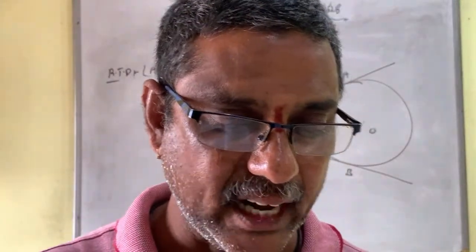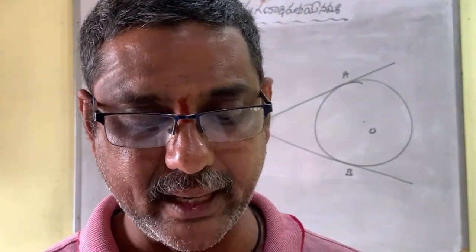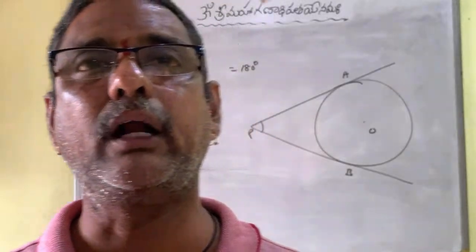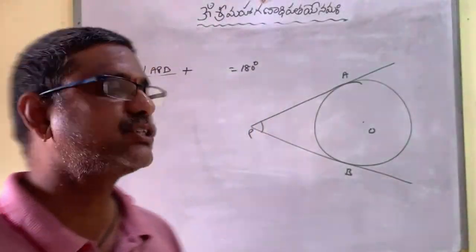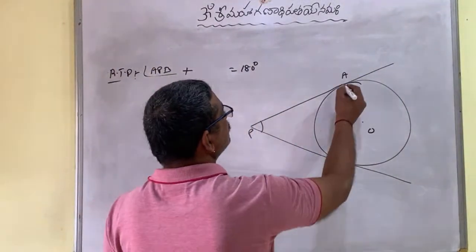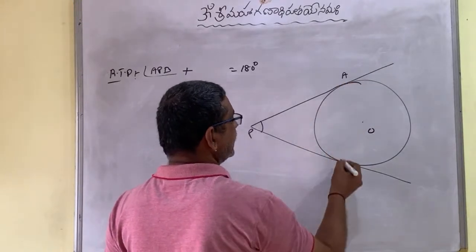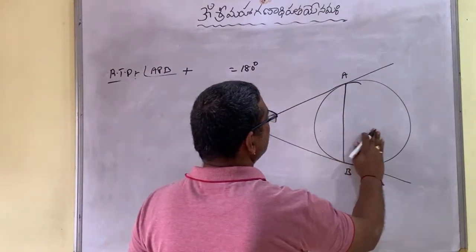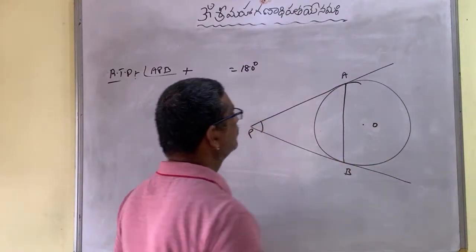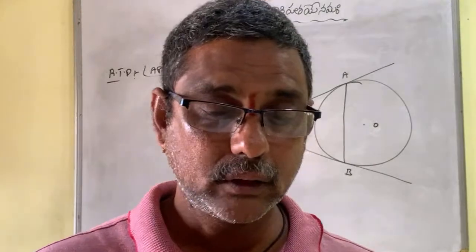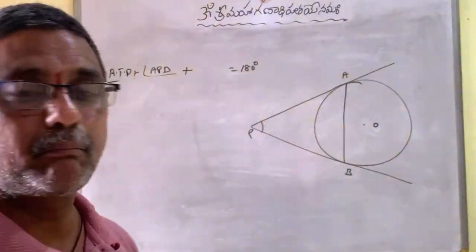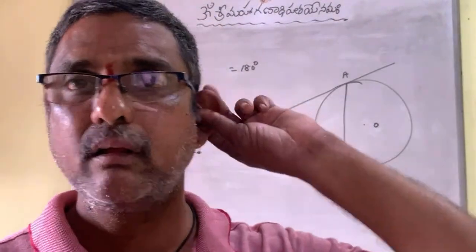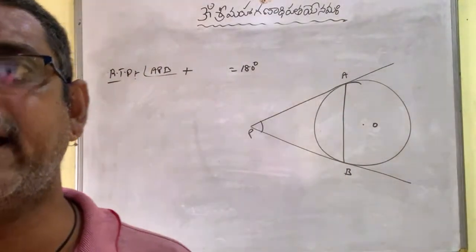Supplementary to the angle subtended by the line segment joining the point of contacts. So this is point of contact A, point of contact B. So join them. I am joining that. So the line segment joining the point of contacts is AB.